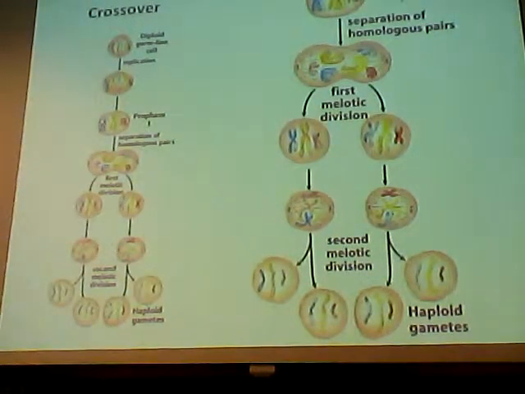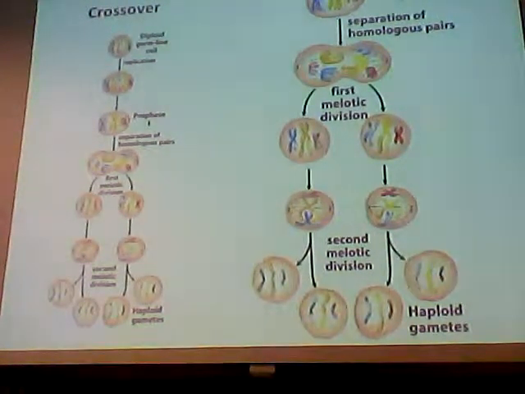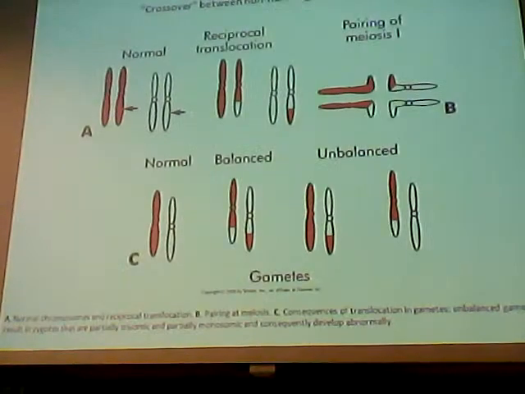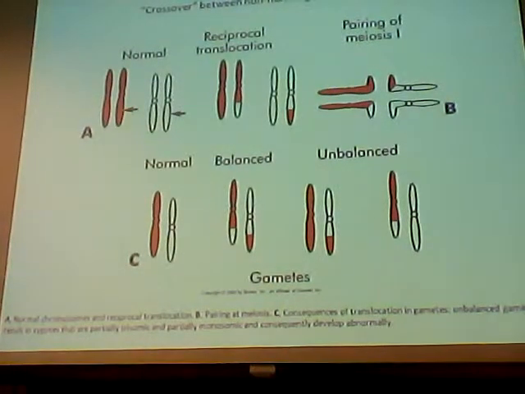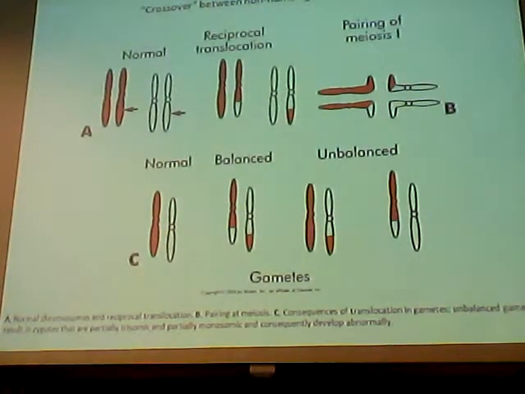Crossing over is normal for chromosome 1 and 1 of the homologous pair to exchange information. But translocations are trickier because they can introduce DNA that wasn't supposed to be there. They can break up some gene pattern or introduce some different diversity that's not really that good.